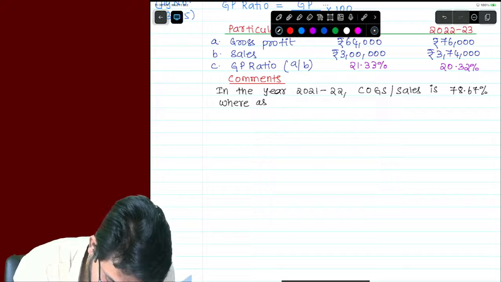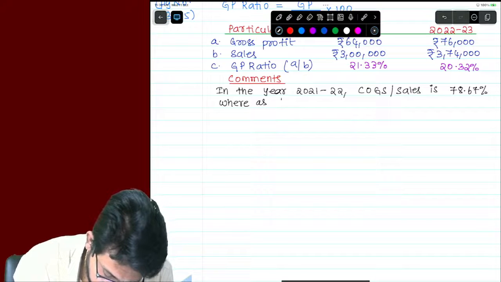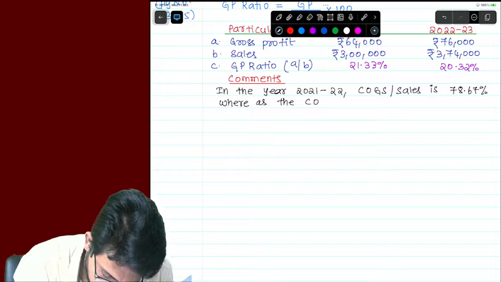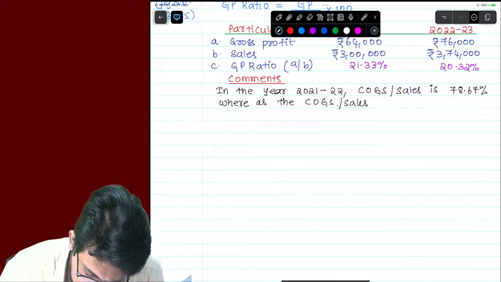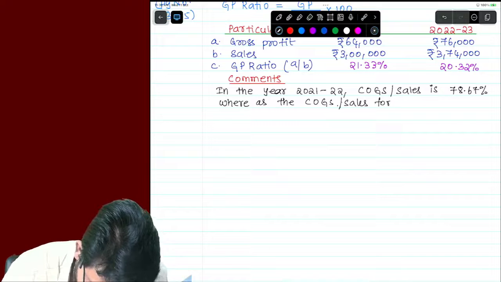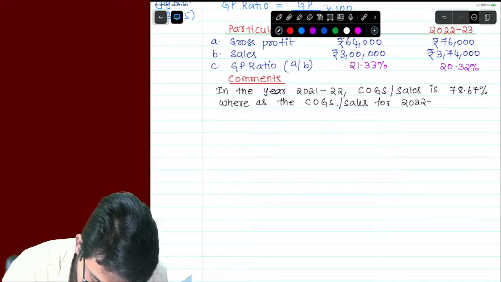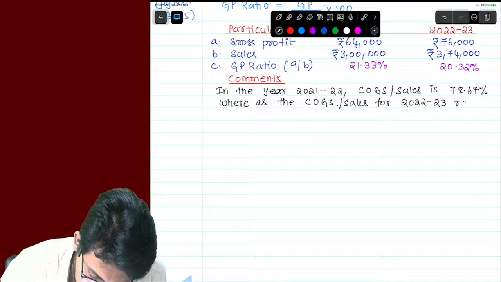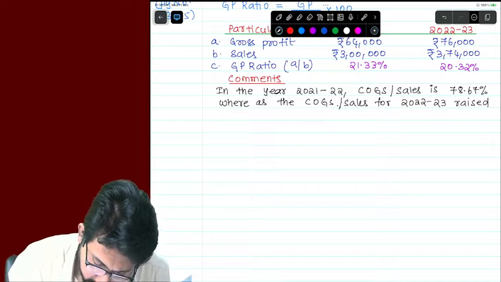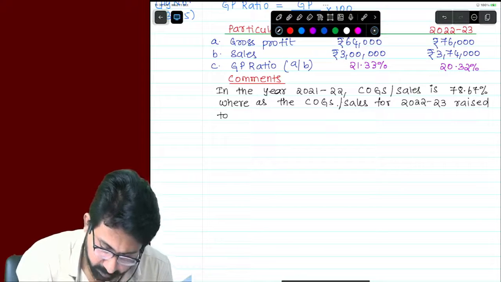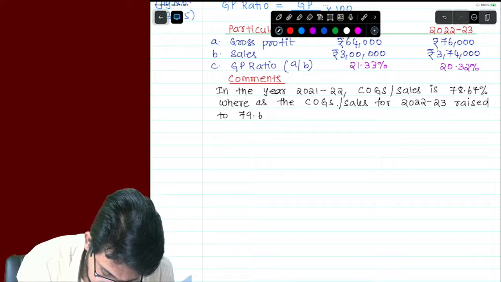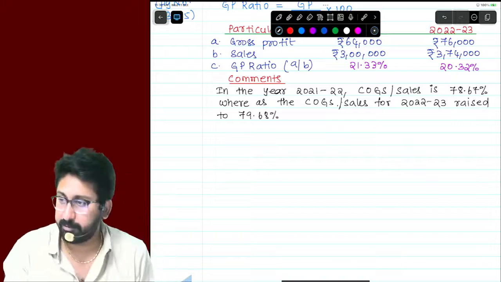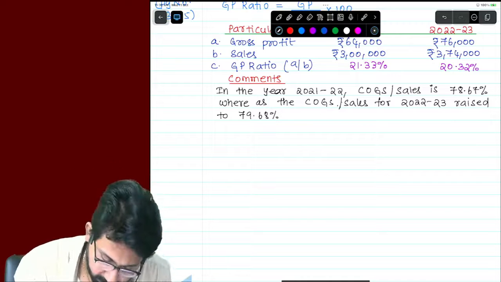Whereas cost of goods sold to sales for 22-23 rose to how much, you got? 79.68%.